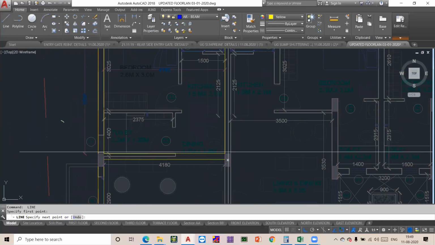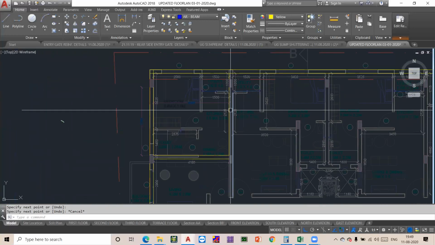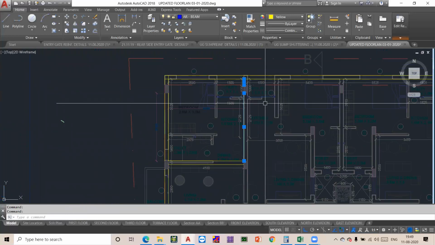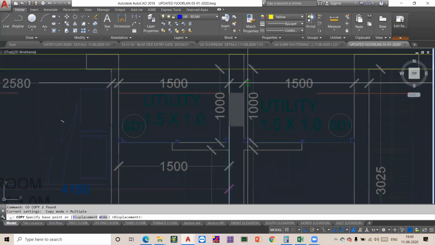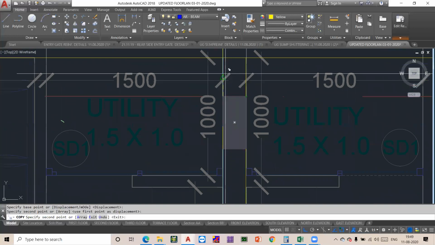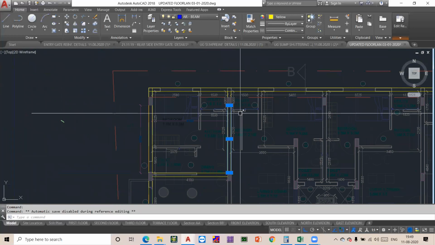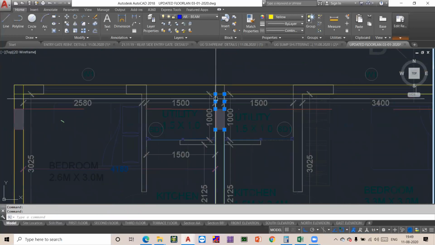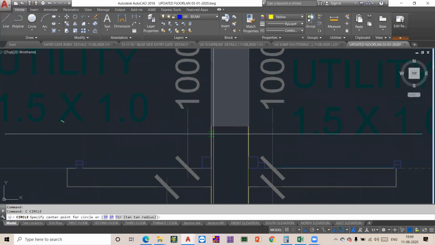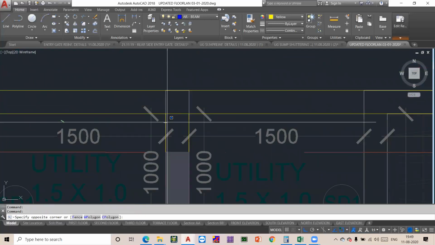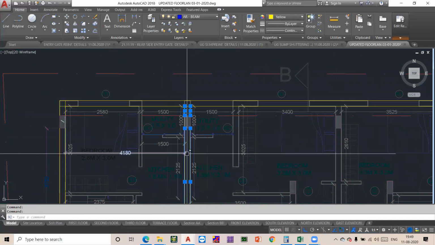So this way we can also use one more command called copy, which you will be familiar with. Okay. And likewise, we can now start copying all the beams to the desired locations.